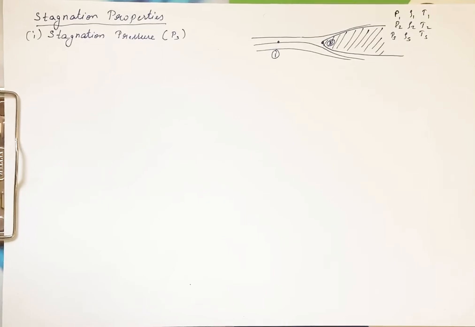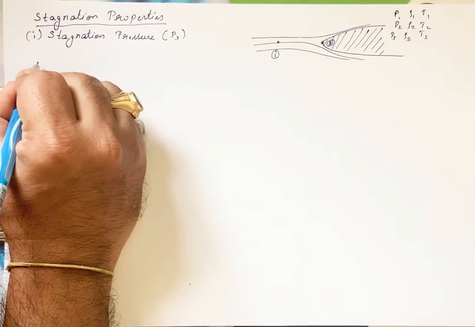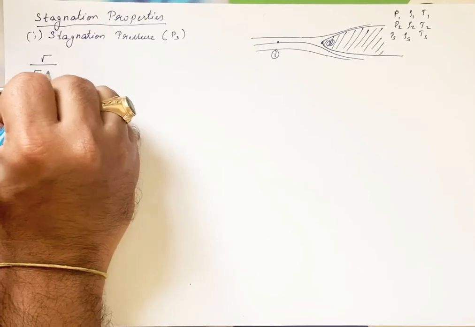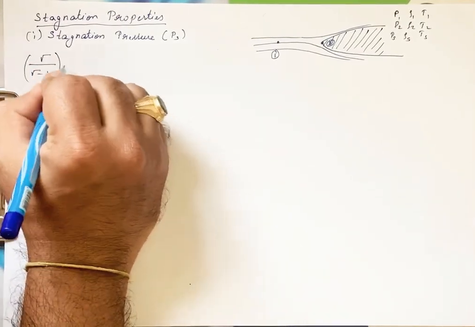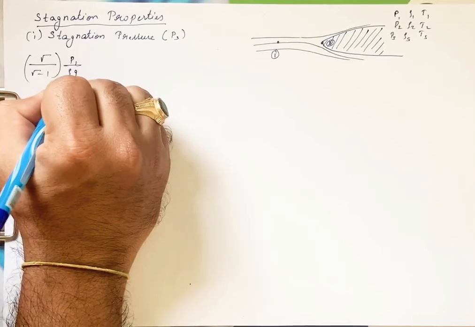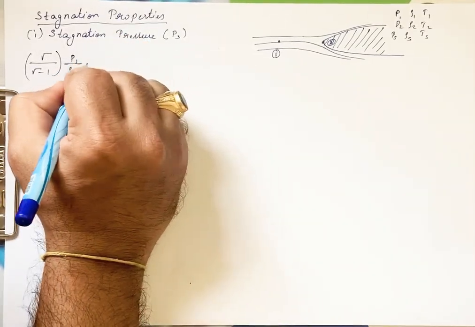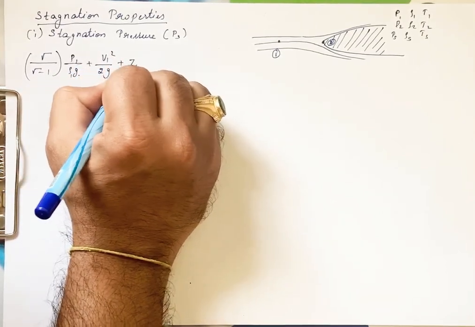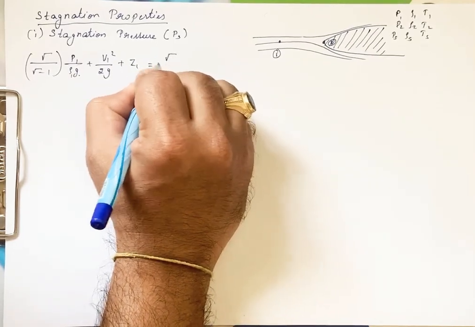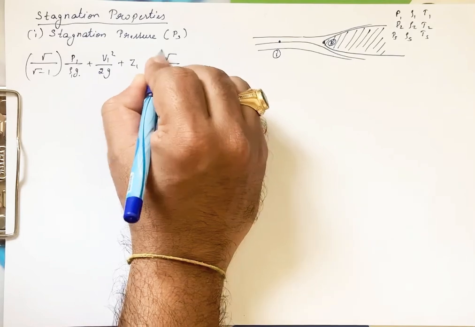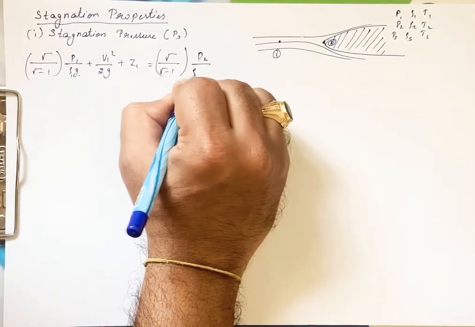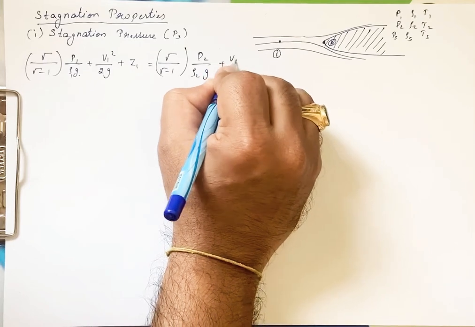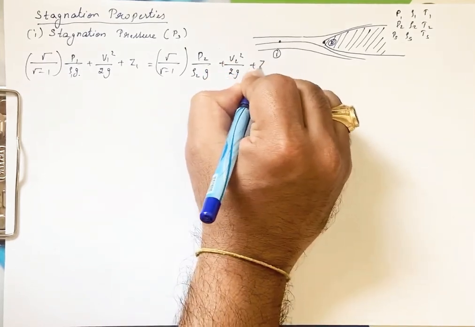Now we apply Bernoulli's equation for adiabatic condition. We have gamma divided by gamma minus 1 into P1 by rho 1 g plus V1 square by 2g plus Z1 is equal to gamma divided by gamma minus 1 into P2 by rho 2 g plus V2 square by 2g plus Z2.